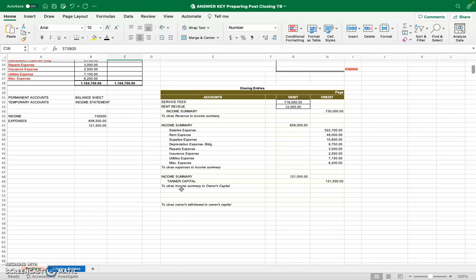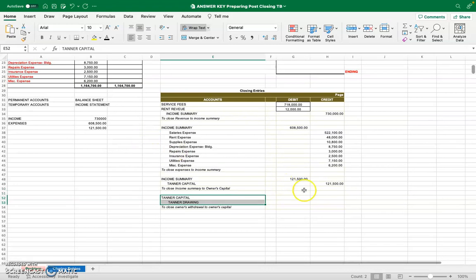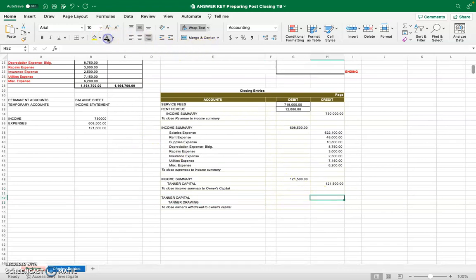So the normal balance of owner's drawing is usually on the debit side, but this time you're going to put its balance on the credit side, and you are going to put Tanner's capital on the debit side. So there you go. Now Tanner capital is 12,000 pesos, and 12,000 pesos is the Tanner drawings.